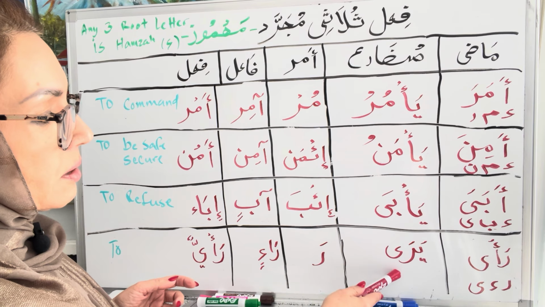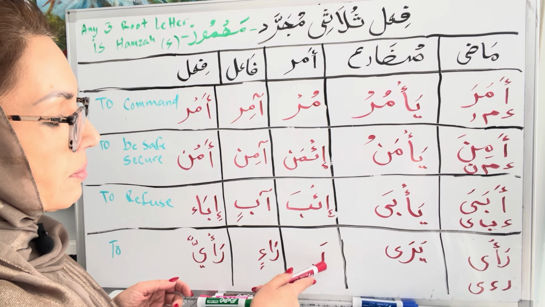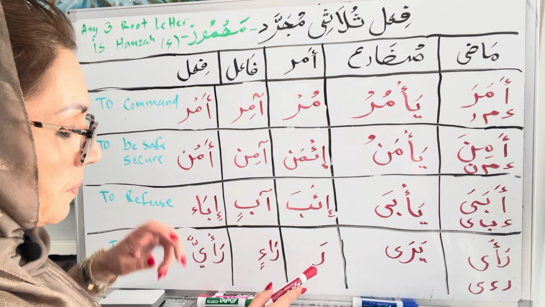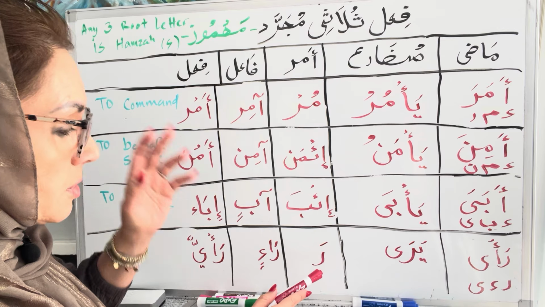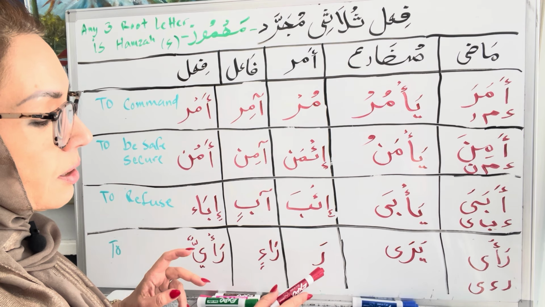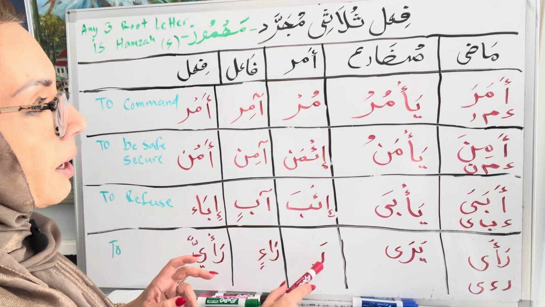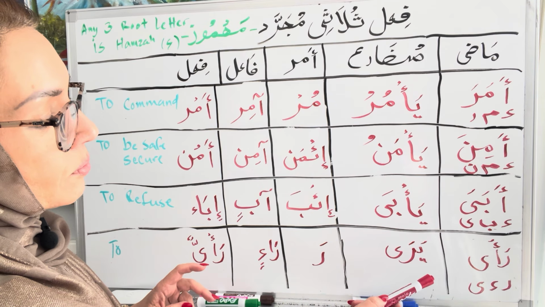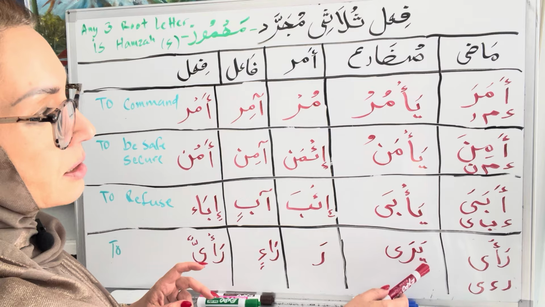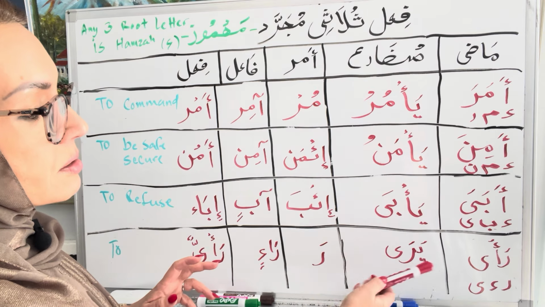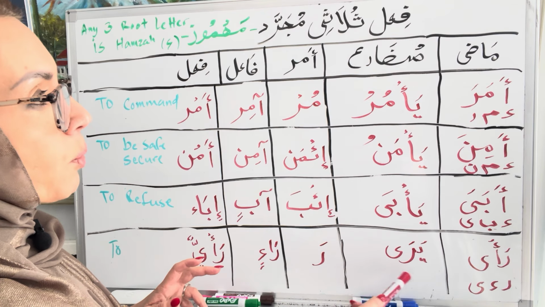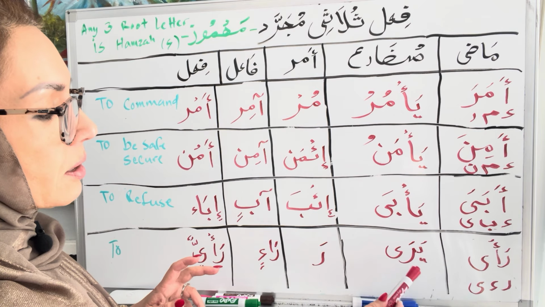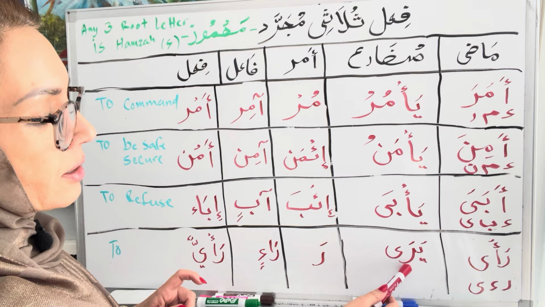Like in this case, ra'a yara, ra. Remember when we talked earlier, when we go from mudari to command, we drop the ya, because the ya shows that this is in the present tense form. When we go to command, we don't need that, it goes away, and the ra is left.